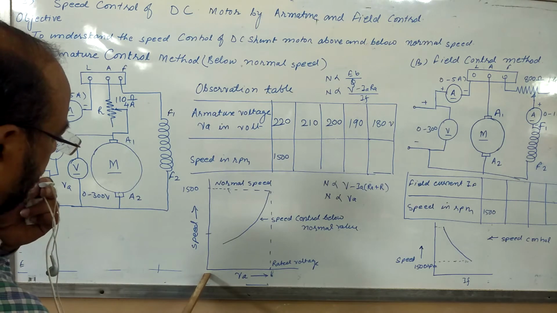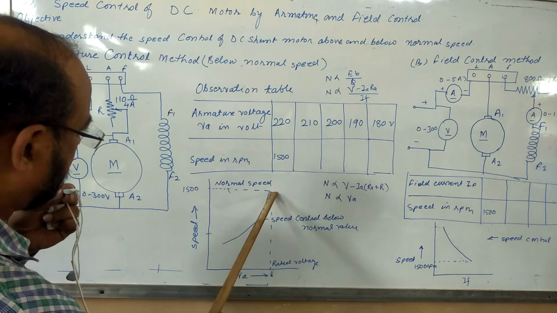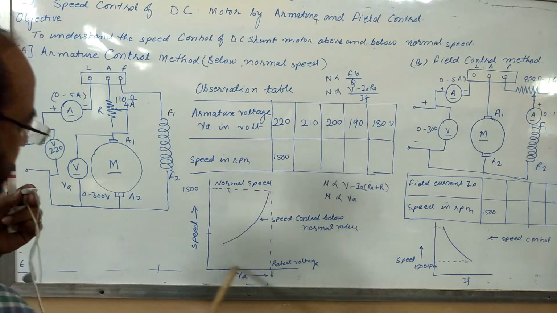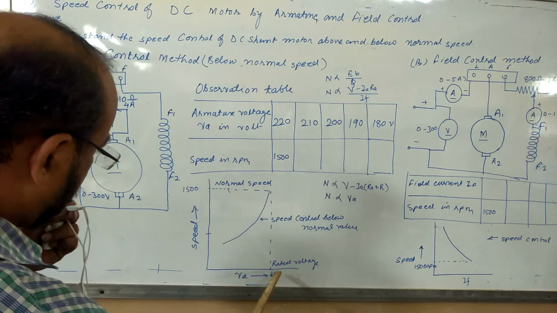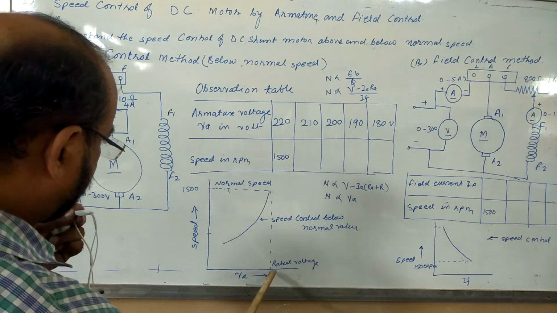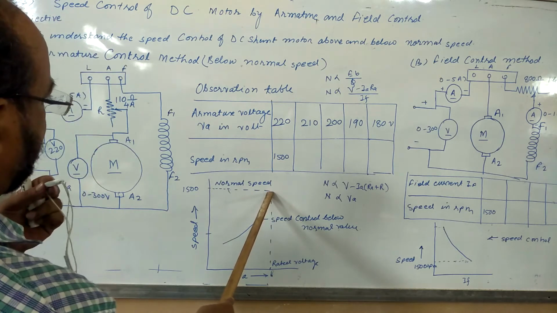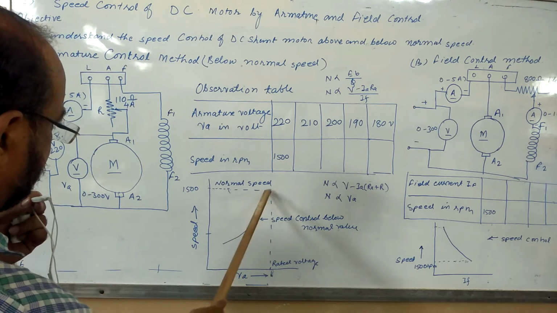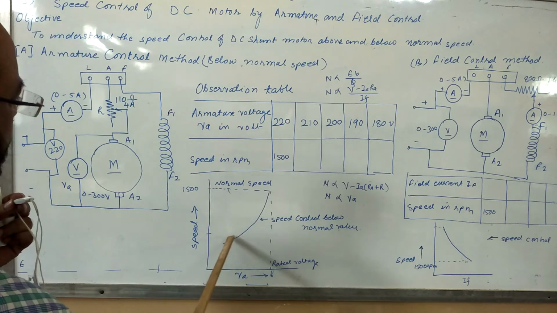If you start from 0 voltage, the graph will be very small, so you have to spread the axis for the speed as well as for the voltage. At the rated voltage of 220, the speed is 1500 rpm. As we decrease the voltage, the speed also decreases. So this gives the speed control below the normal value.